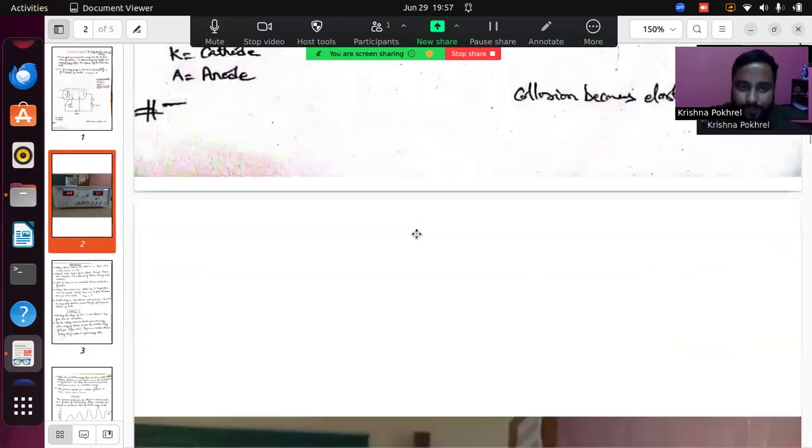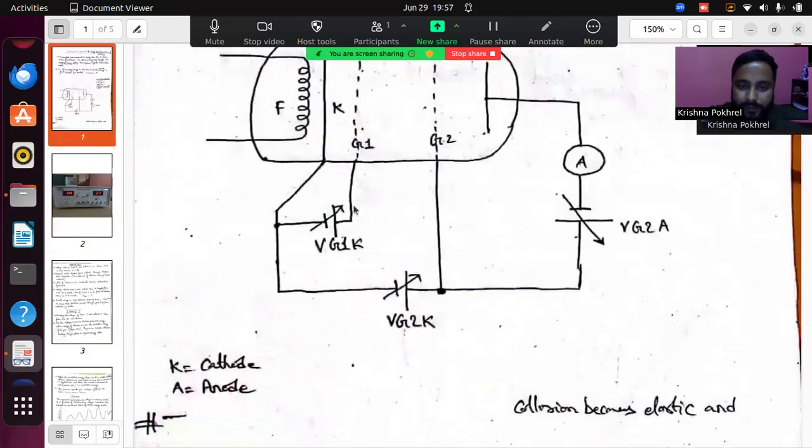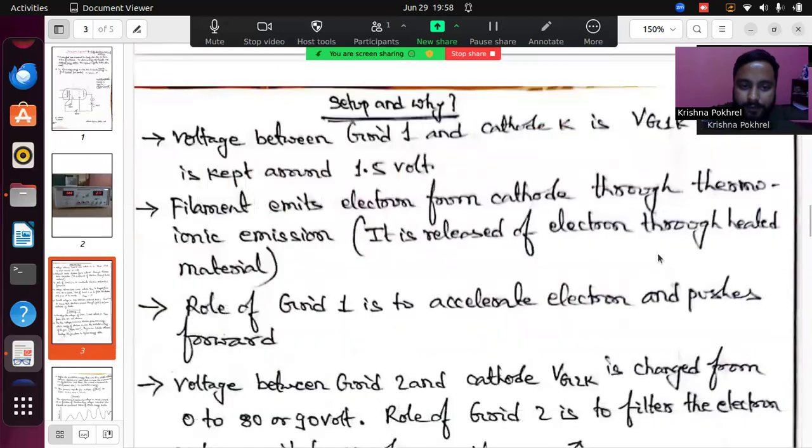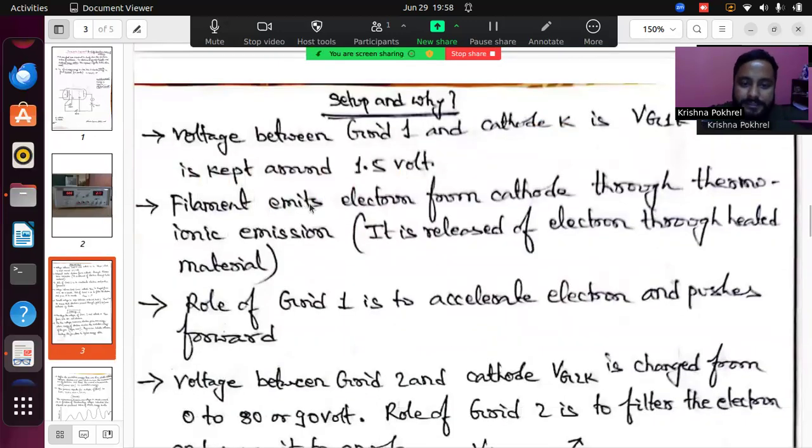That means this voltage between G1 and K is a varying voltage, but we'll keep it constant, around 1.5 volt in this experiment. How to set up? We'll take this black pointer to G1K and control this to get the value 1.5 volt over here. Simple.